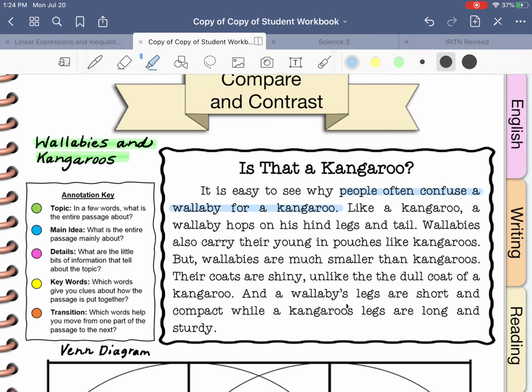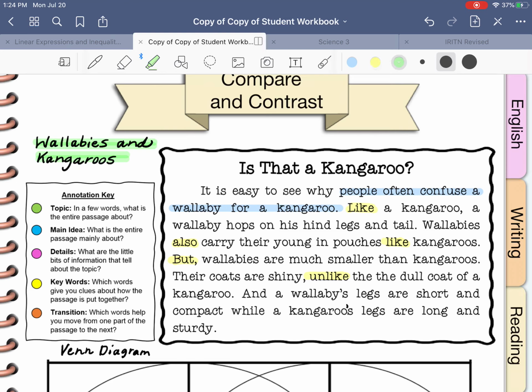Those are our keywords. How they're alike, how they're different. So I'm looking for those keywords that tell me similarities and differences.